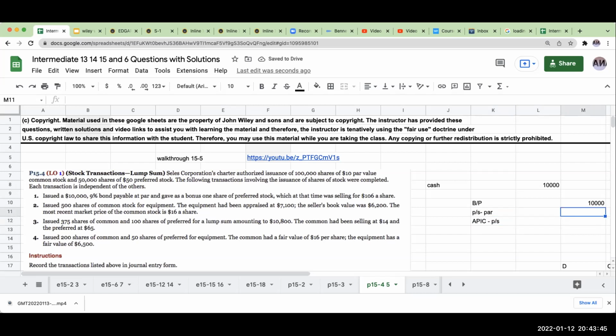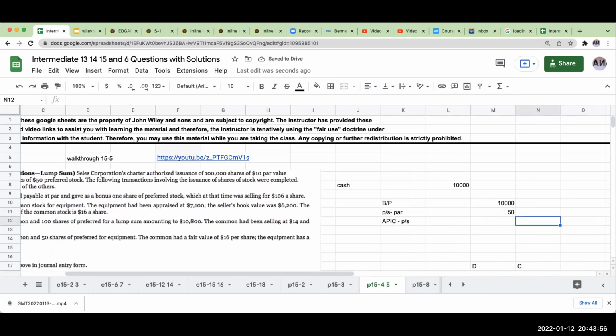If it's trading at 106, the par value for the preferred is 50. The difference, 106 minus 50, is going to be 56. Now, in order to make this balance, I need a debit of 106. What is this going to go to?